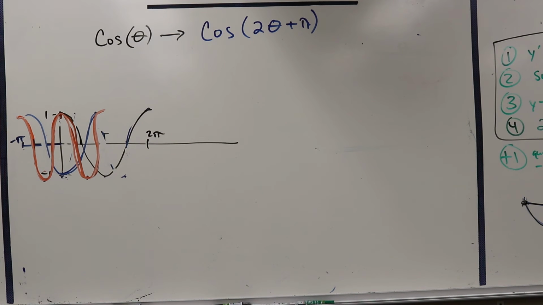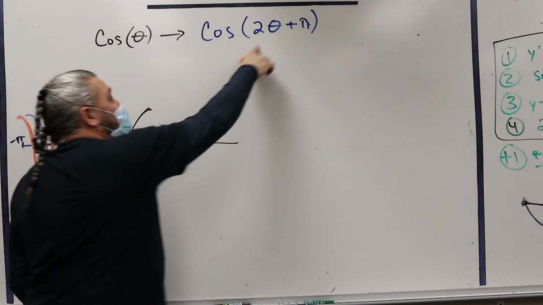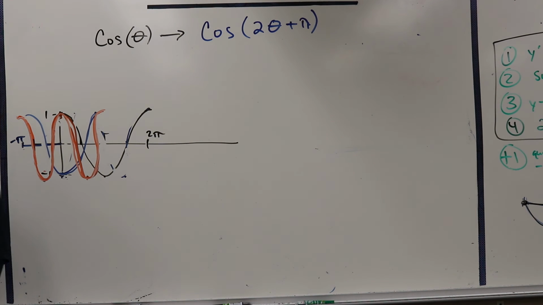Did I mess up? No, just wondering, does it matter which information you do first? Actually, no. I could have compressed it, then moved it. Usually, I would like to see the compression first, right? Because, order of operations, multiplying before you do the adding.